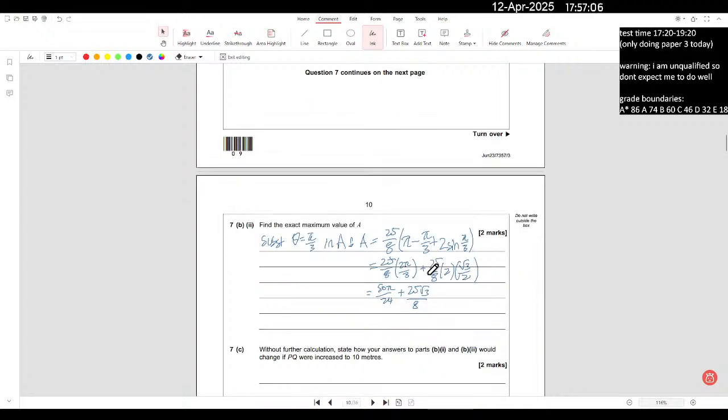Can be simplified to 25 pi over 12 plus 25 root 3 over 8.